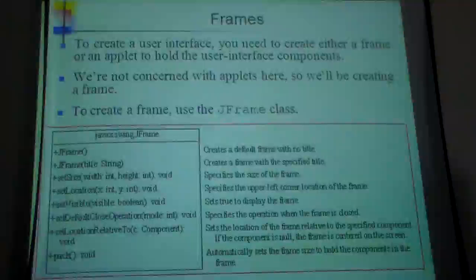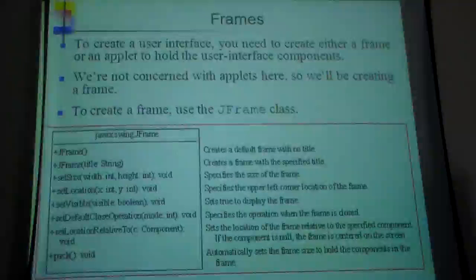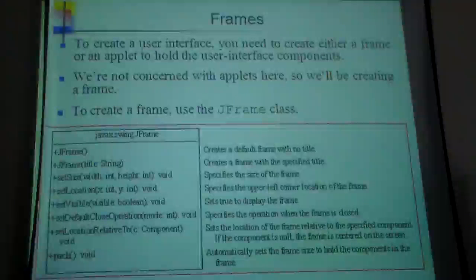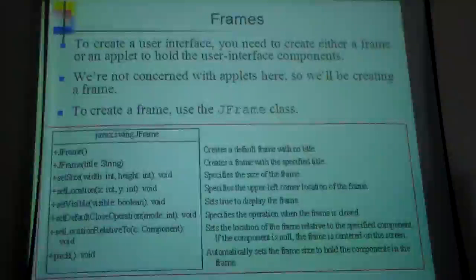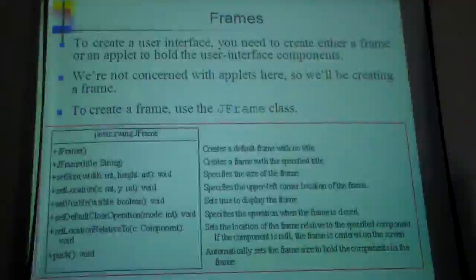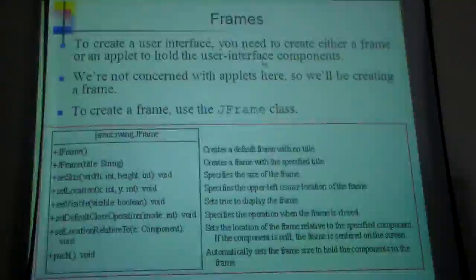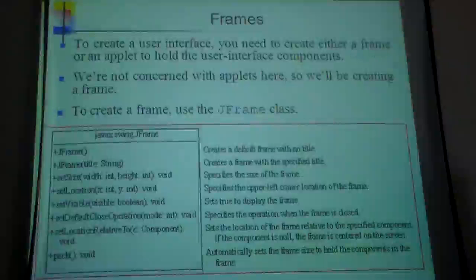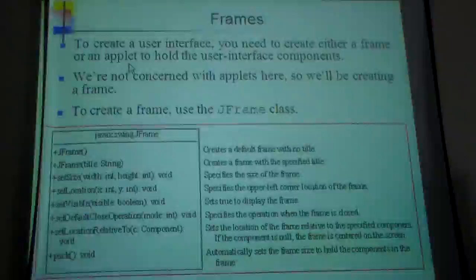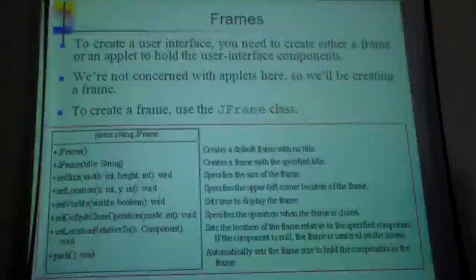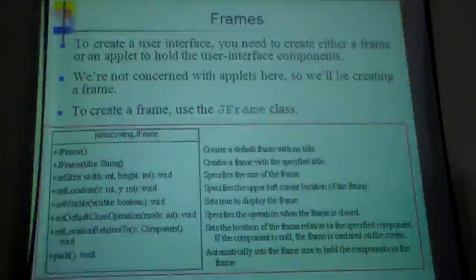We can select, for example, a dialog and add components related to it. For example, Frame: to create a user interface, we need to create either a frame or an applet. Applet is for the internet, and it works similar to a frame.